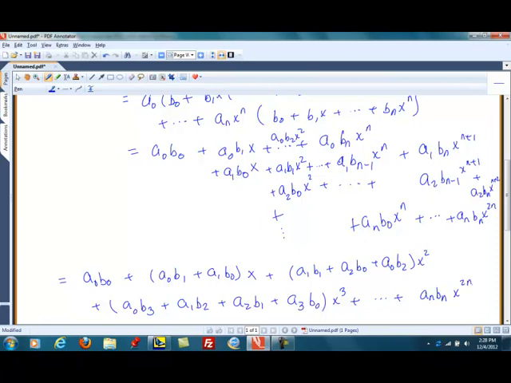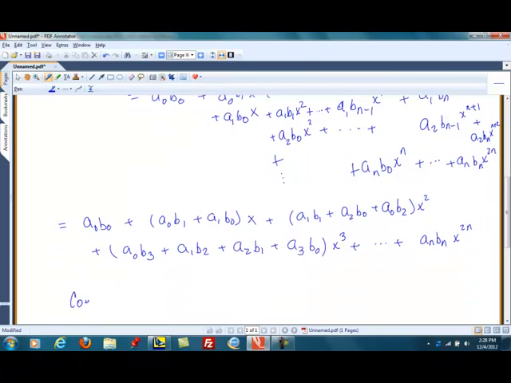So the coefficients for each of the terms, let me write them down, the coefficient of x to the k, let me use k because I want to use a j in the summation notation, is the sum over j plus i equal to k of a sub j, b sub i.